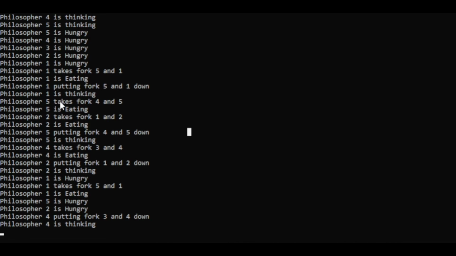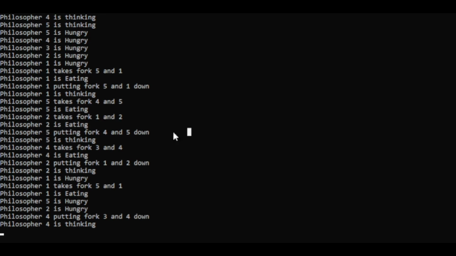Philosopher 5 takes forks 4 and 5, because fork 5, which philosopher 1 had, can now be used by philosopher 5. So he is now eating, and while philosopher 5 is eating, philosopher 2 takes forks 1 and 2. So philosopher 2 is eating.